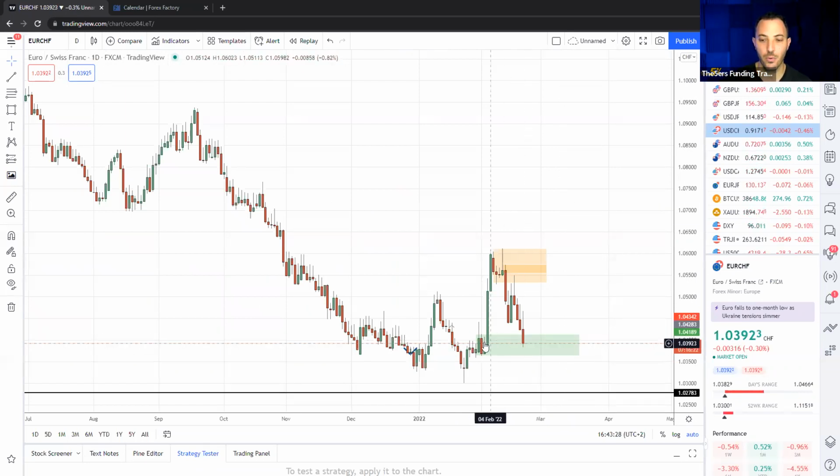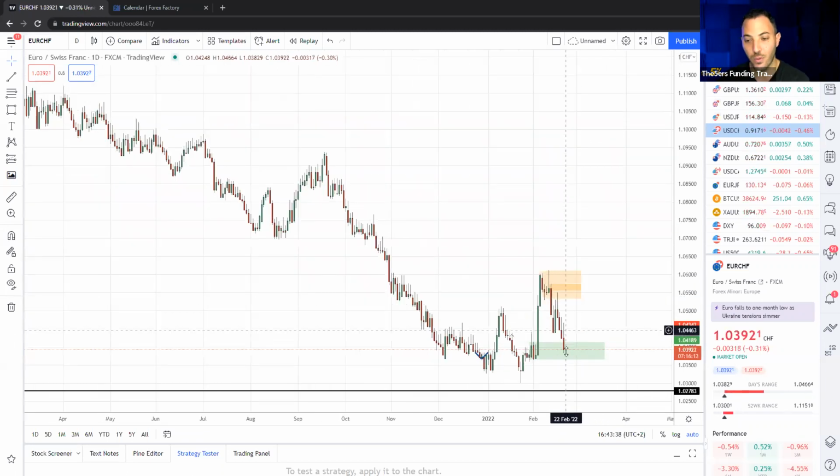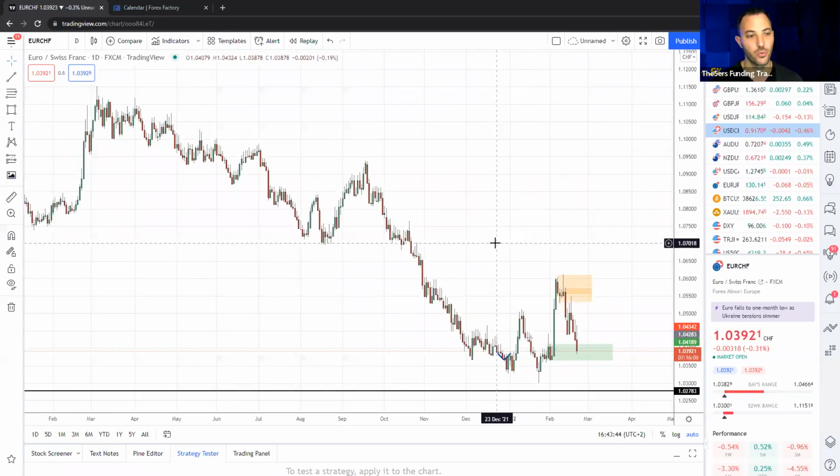Now, as we approach this demand, of course, that's still a potential turning point to establish the turn to the upside. But as we press to the downside, the risk and the odds of the Swiss bank to interfere and do some movements in the franc currency increase.